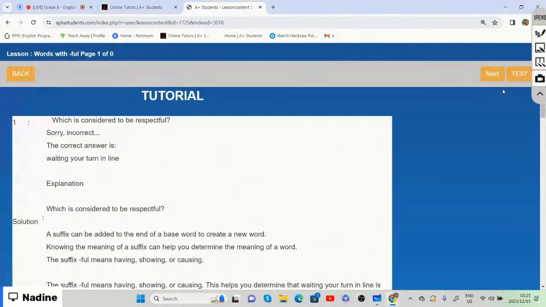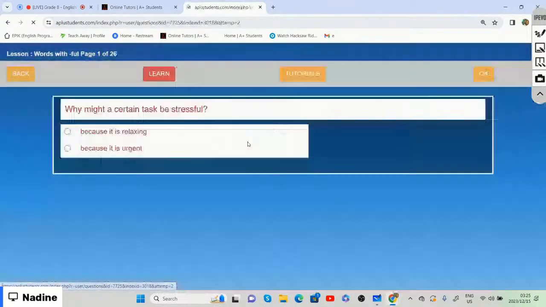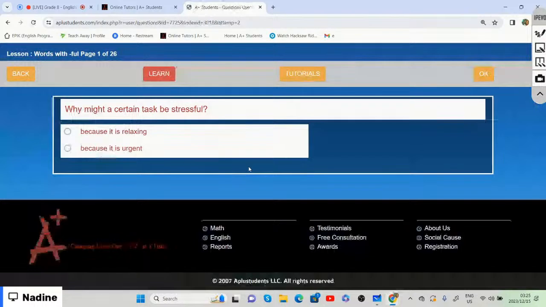All right, so now we're going to our test, right? Where we are determining words with full. So why might a certain task be stressful?